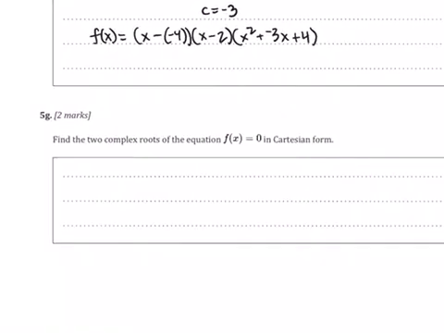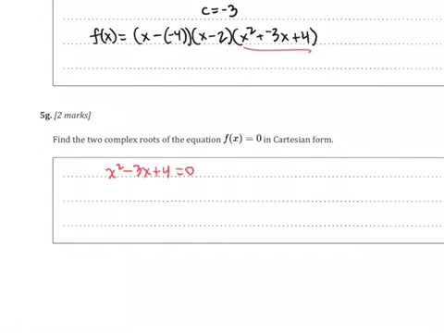G says find the two complex roots of the equation f of x equals 0 in Cartesian form. All that that's asking us to do is to find the zeros of that. So x squared minus 3x plus 4 is equal to 0.